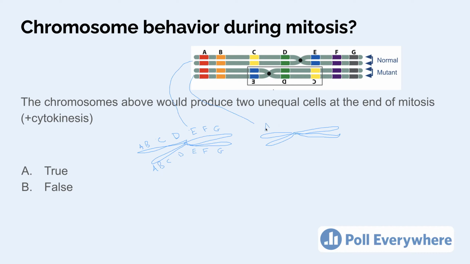Bottom chromosome here goes A, B. I'll go ahead and write my letters backwards just like they do. C, D, E, F, G, A, B, E, D, C, F, G. So in mitosis, if you haven't caused a dosage issue immediately, then the rearranged chromosomes can actually keep going indefinitely in mitosis.